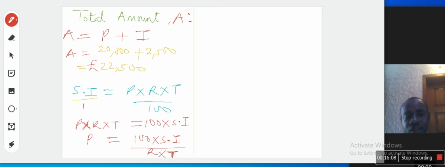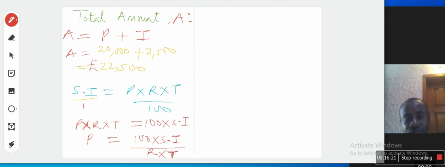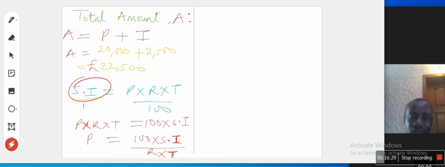So whatever is given, you can get the other one. It's as simple as that. Just make the required variable the subject of the formula. You make principal the subject of the formula if principal is required and the rest are given.